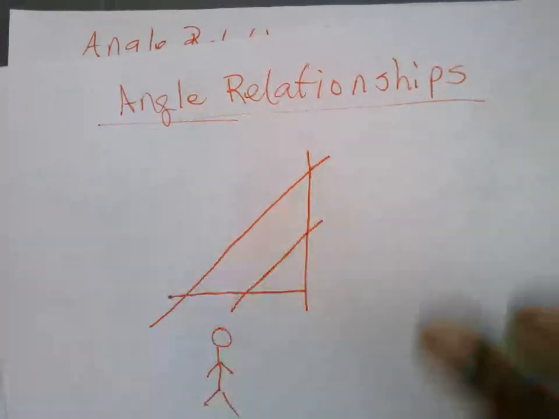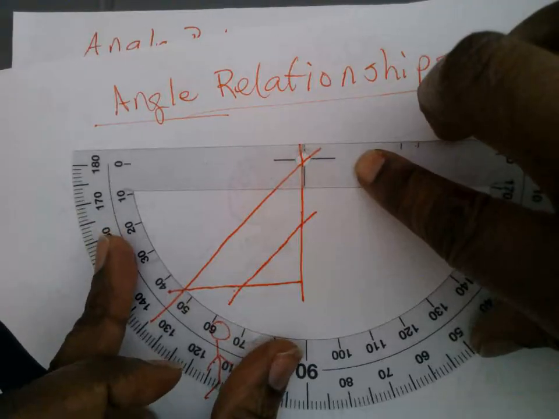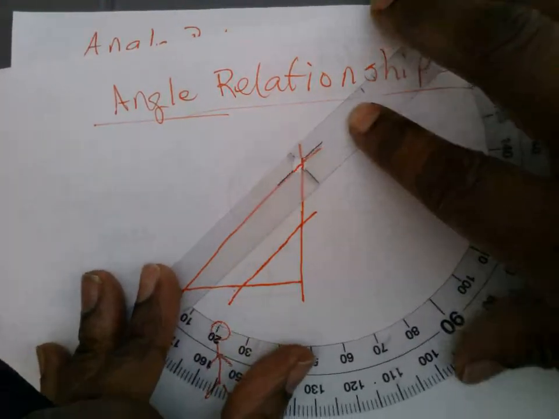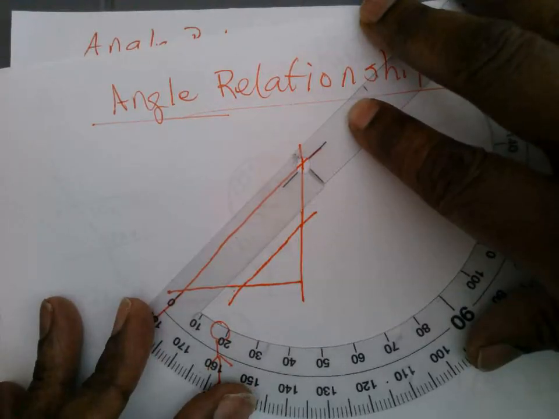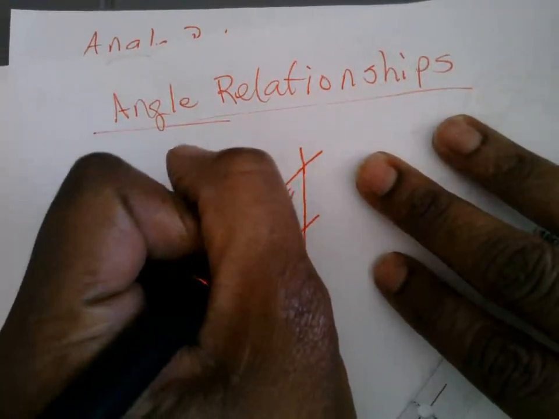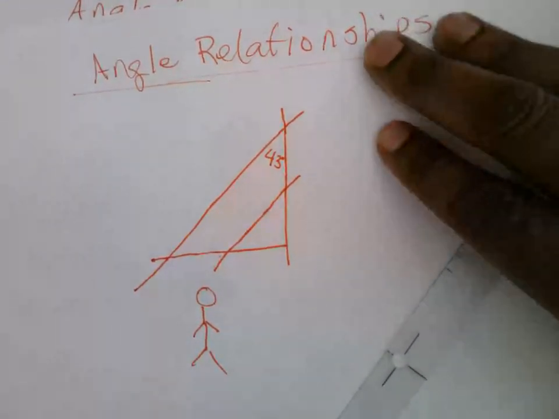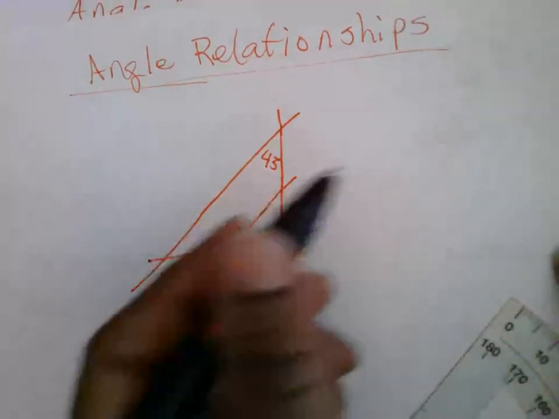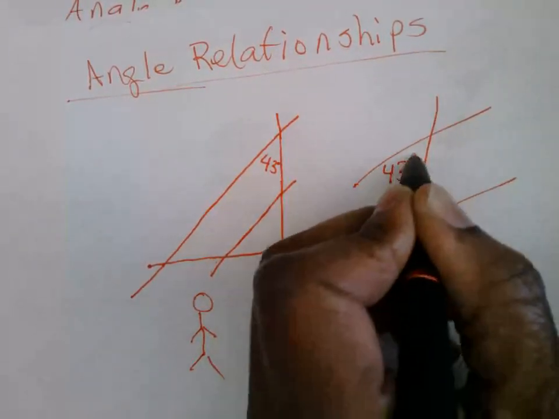Okay, now I am going to use my handy dandy protractor and I'm going to tell you that the measure of this angle is approximately 43 degrees. Don't worry about it.